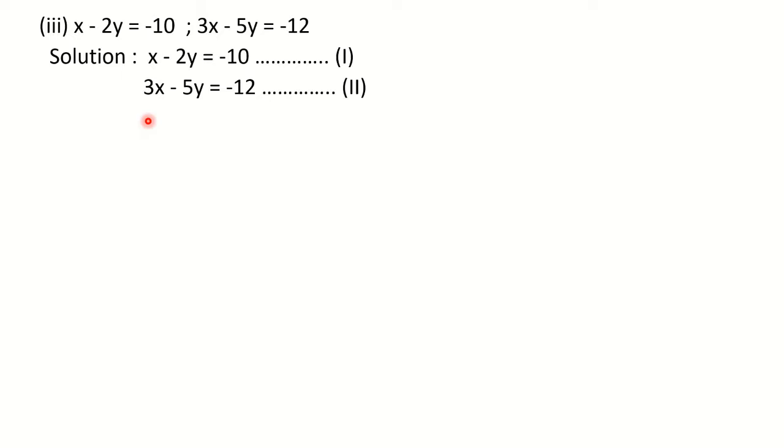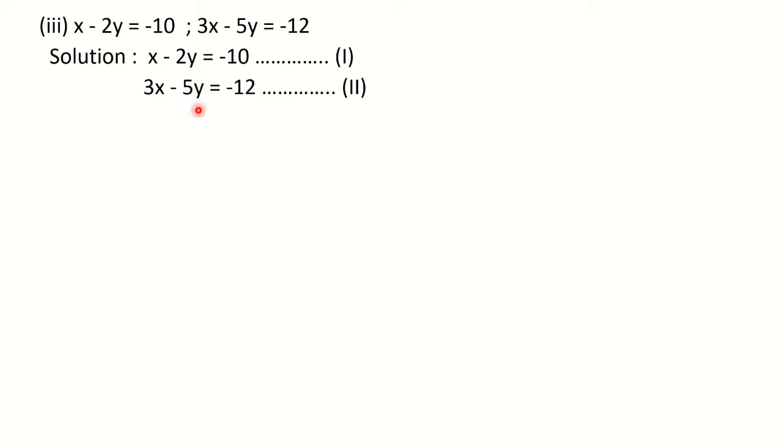So let's observe the coefficients here. Coefficient of x is 1 in the first equation and 3 in the second equation. And for y, minus 2 in the first equation and minus 5 in the second equation. We have to equate any one. If we try to equate y, we have to multiply both the equations.